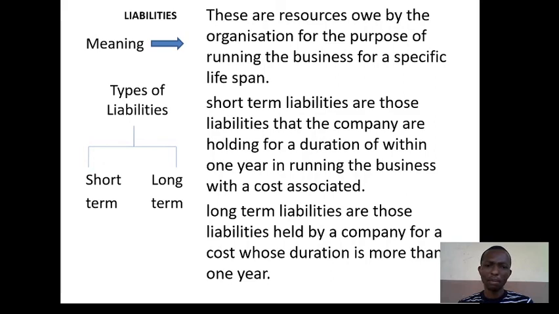Now, long-term liabilities. Long-term liabilities are those liabilities held by a company for a cost whose duration is more than 1 year. This also has a cost. For example, a bond. When you sell a bond, when you borrow money, when you take debentures, you sell out your debentures.